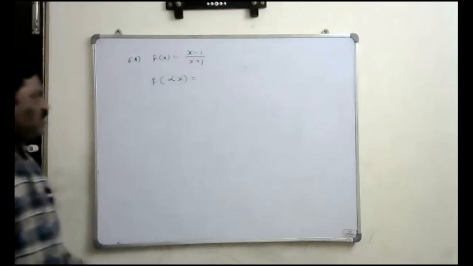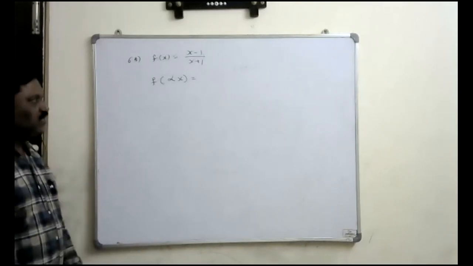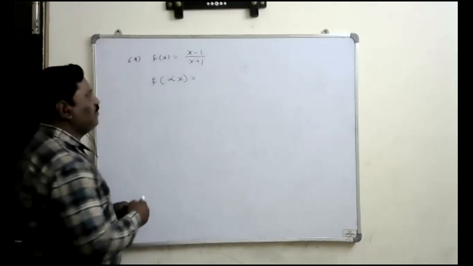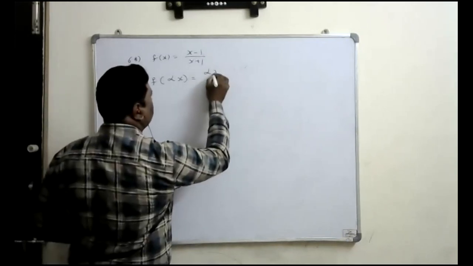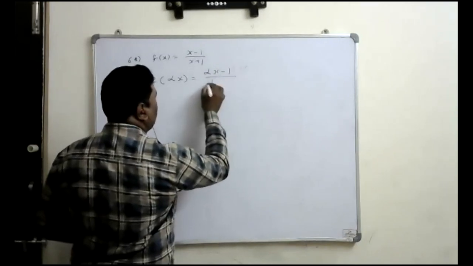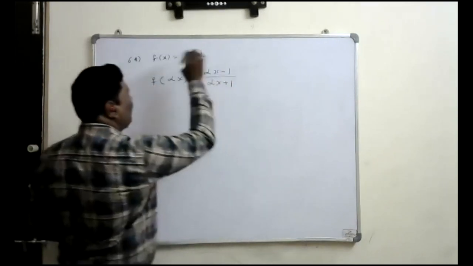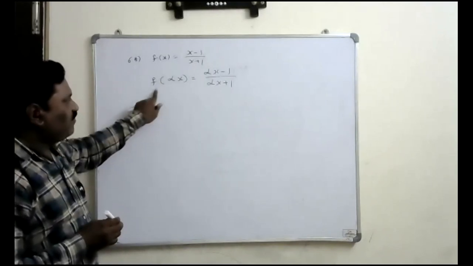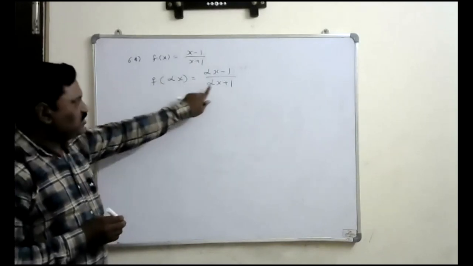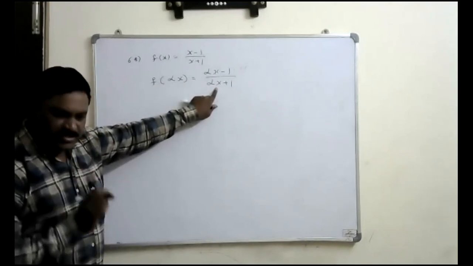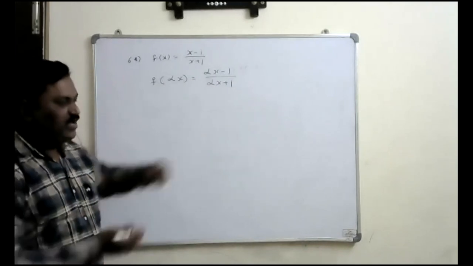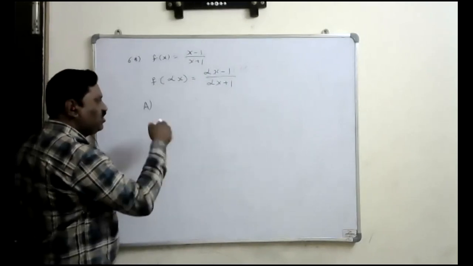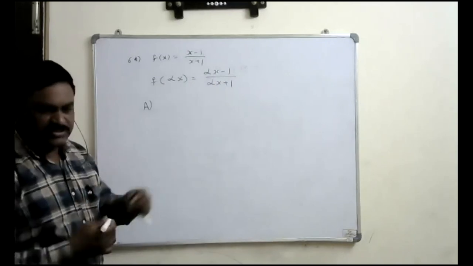Just observe that. f of alpha x means we have to replace x by alpha x. Means it is alpha x minus 1 by alpha x plus 1. Means in the given function, in the place of x, just keep alpha x. So this is the answer, we got it. But this is not there in the options. That's why we have to simplify the options again. Then whichever option gives this value, that we have to check.